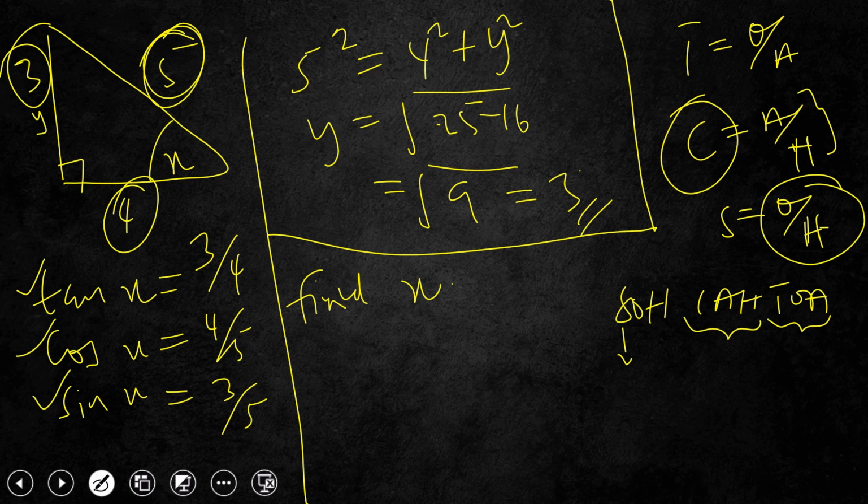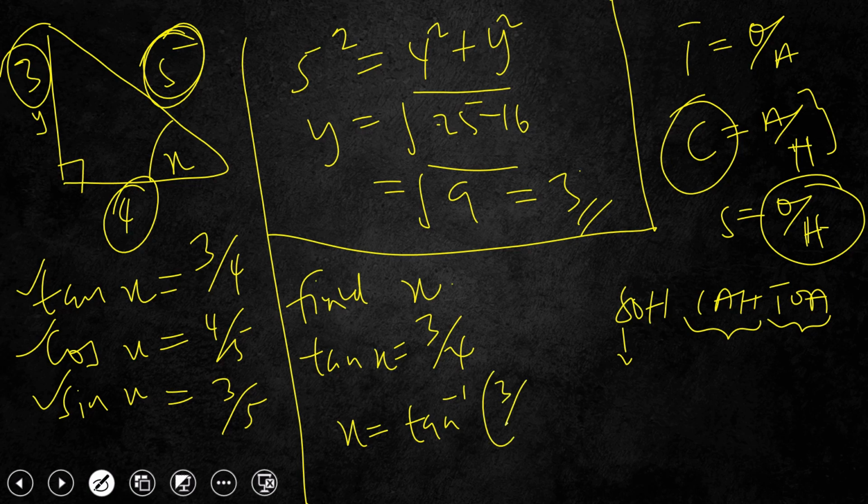If I decide to use the tan to find x, then the tan of x is equal to 3 over 4. Then I can take the tan inverse of both sides. So I get x is equal to the tan inverse of 3 over 4.